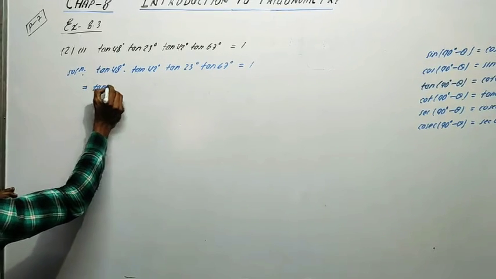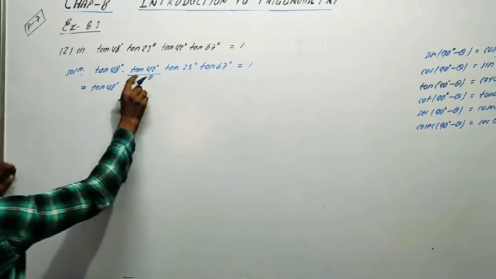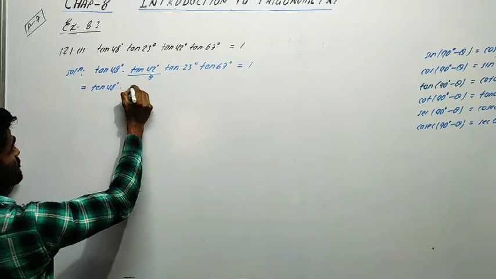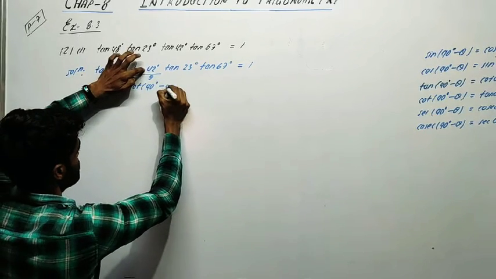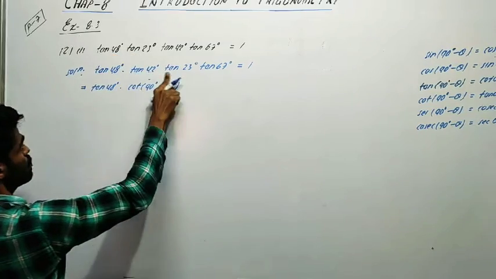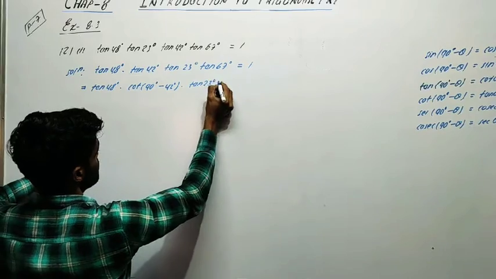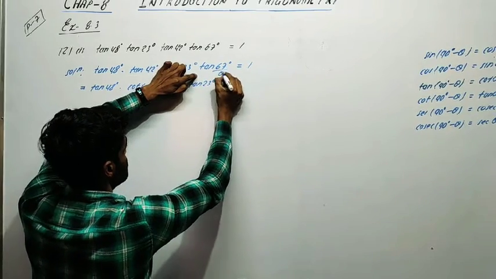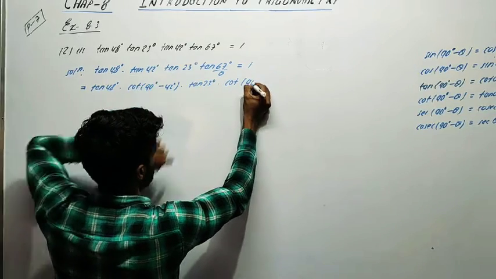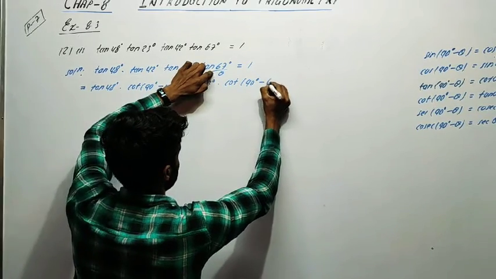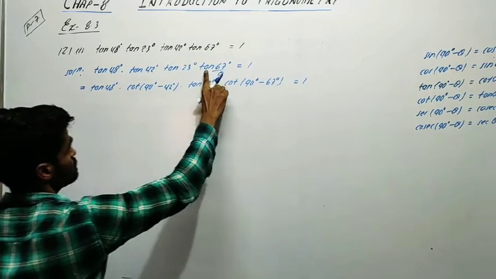Now tan 48 degree, here theta is 42 degree, tan theta is equal to cot 90 minus theta, so cot 90 degree minus 42 degree, into tan 23 degree into, here theta is 67, tan theta is equal to cot 90 degree minus theta, that is cot 67 degree's complement, is equal to 1.